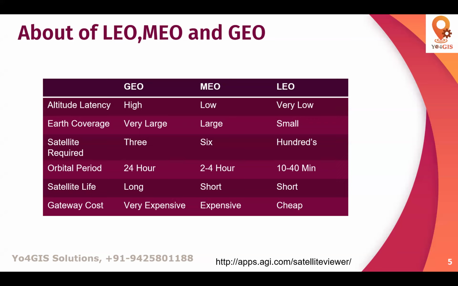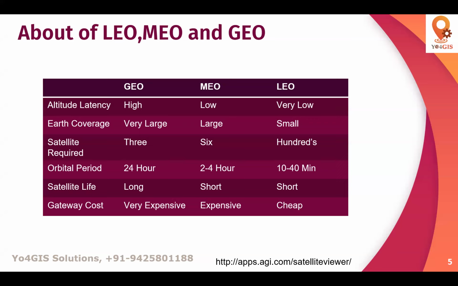After that, satellite life. GEO satellite life is very long, MEO is short, and LEO is shorter than the MEO.